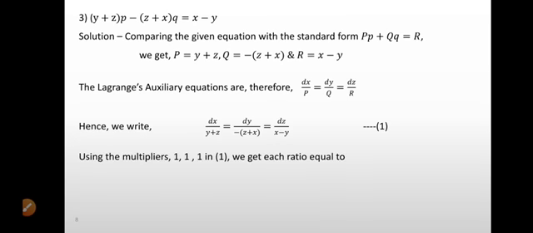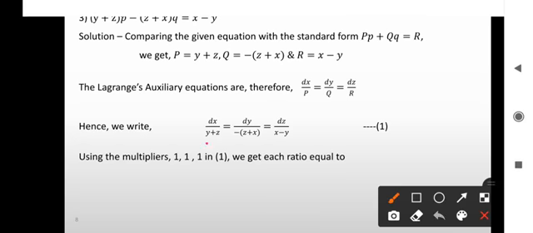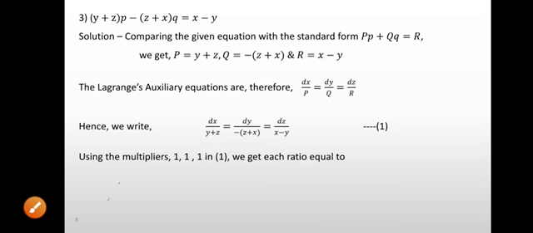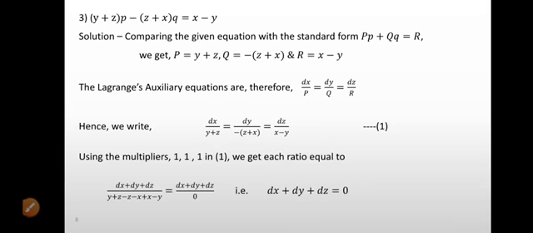Here the second way we are going to use, that is we are going to use multipliers as 1, 1, 1 for these three ratios respectively. So this is multiplied by 1, this is multiplied by 1, and this is also multiplied by 1. And then on addition we get each ratio equal to, just add the numerators after multiplication.